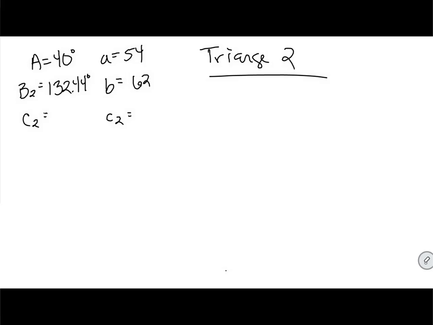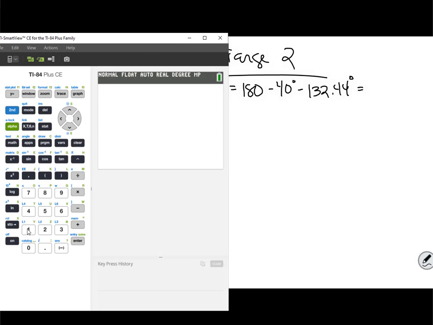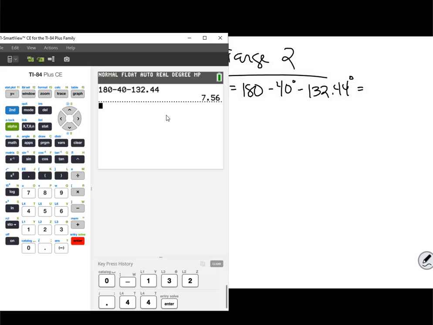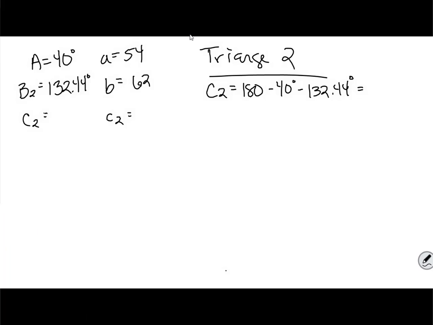Just like before, C2, that missing angle, is 180 minus the other two angles that we know: minus 40 degrees for angle A, and minus 132.44 degrees for angle B2. I can just type that into my calculator. It is a very small angle, that's okay. Our angle C2 is 7.56 degrees.